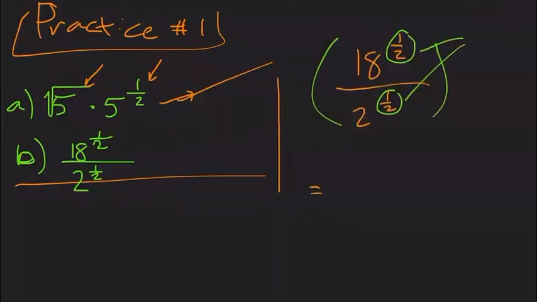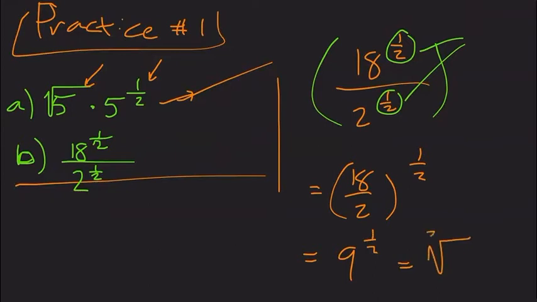So we're going to be left with 18 divided by 2 on the inside and the 1/2 on the outside. 18 divided by 2 gives us 9. So we have 9 to the 1/2 power. We can rewrite that 1/2 power as a square root. Square root of 9 is 3. Again, square root means what number multiplied 2 times gives you a 9. That's 3. 3 times 3 is 9.